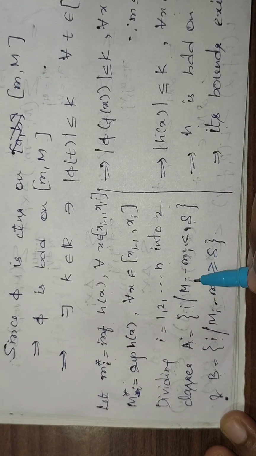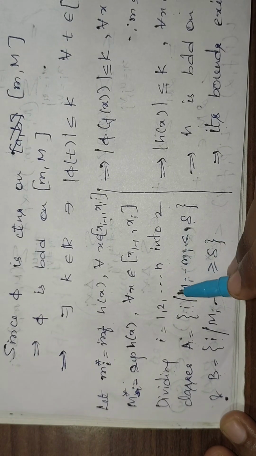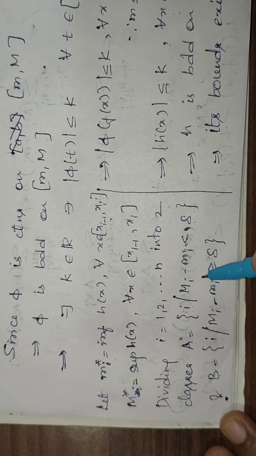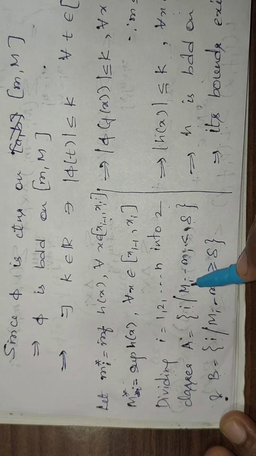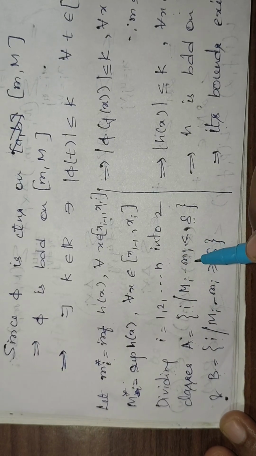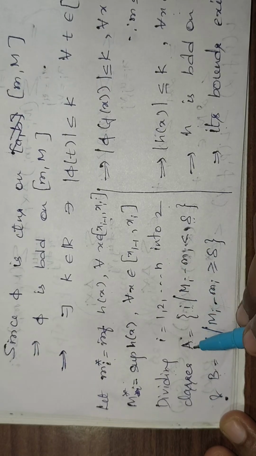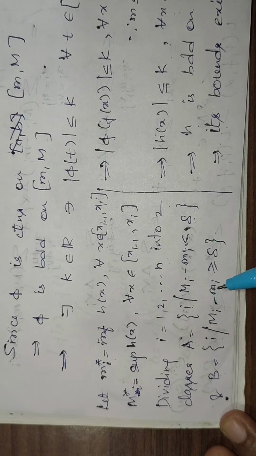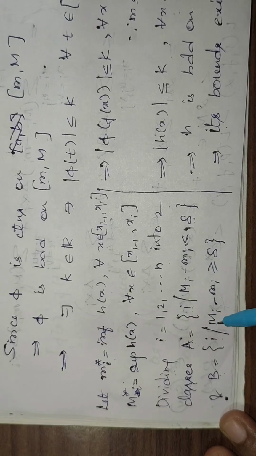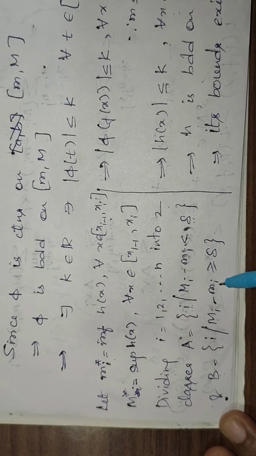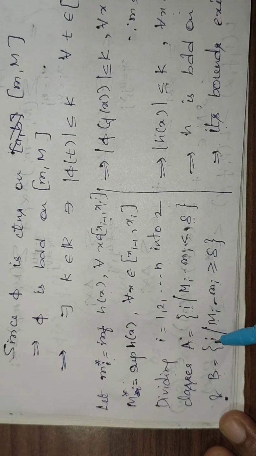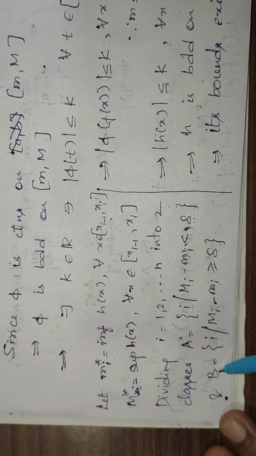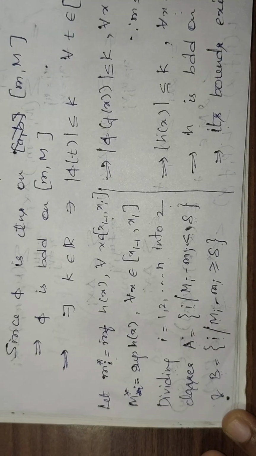So what I am doing, I am dividing that class into two. Wherever the difference between capital Mi and small mi is less than delta, I am putting those values of I here in A. And wherever the difference is greater than or equal to delta, I am collecting those values of I here in class B. So this is what I am doing.